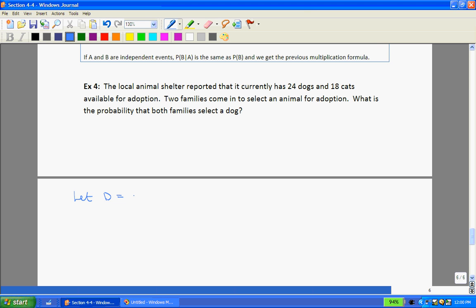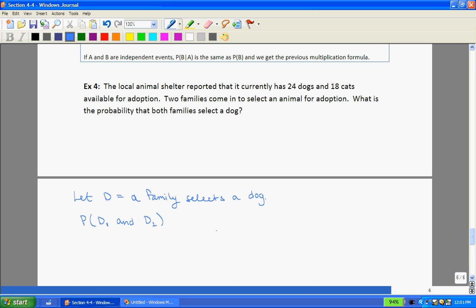Let D be the event a family selects a dog. Okay, so I'm looking for the probability that family 1 and family 2 select a dog.